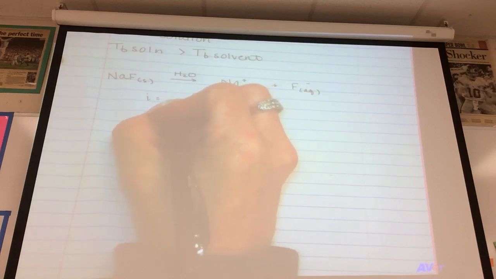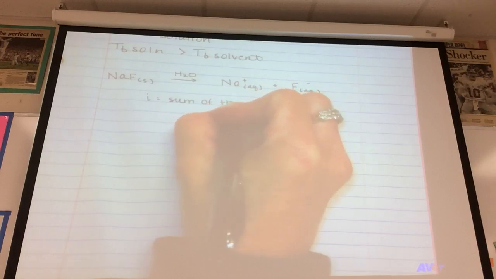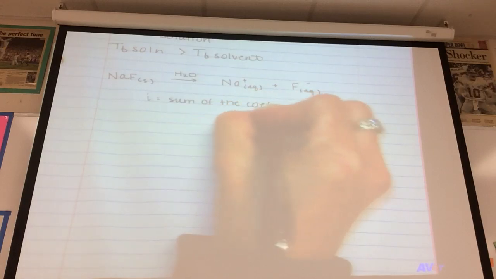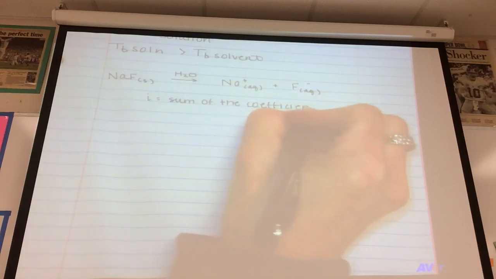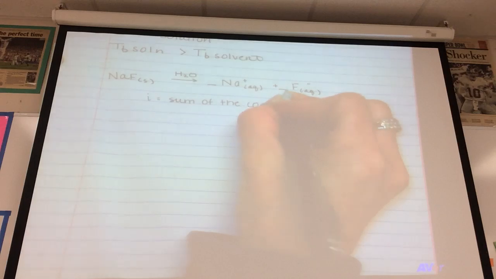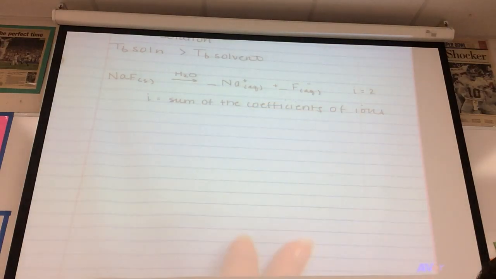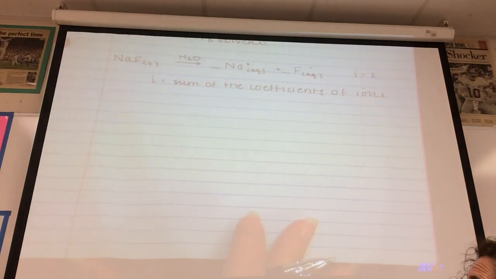It's equal to the sum of the coefficients of ions. And so 1 plus 1, i is equal to 2. This one's very easy because it's a binary ionic compound.